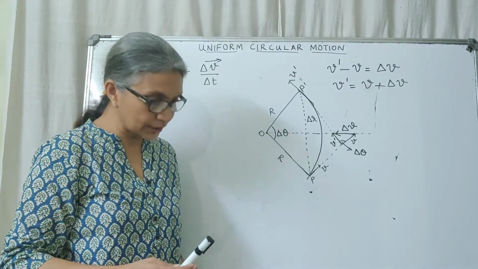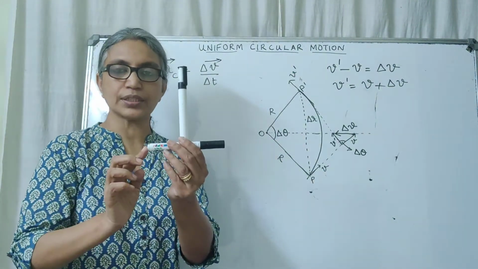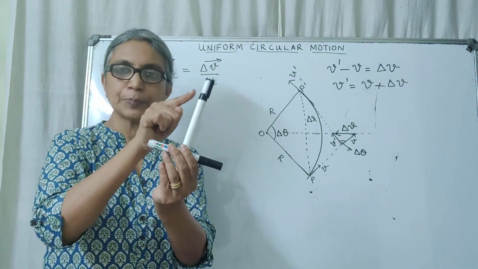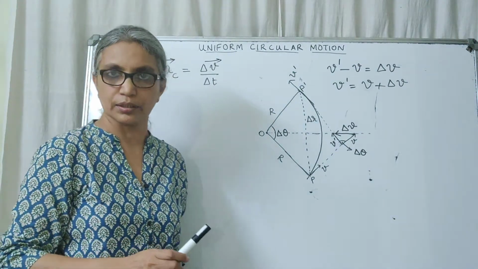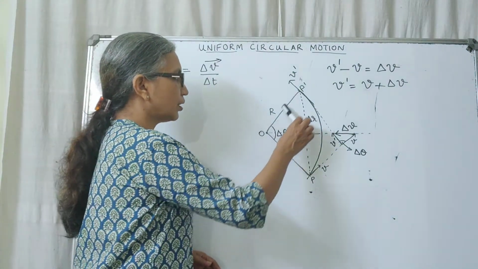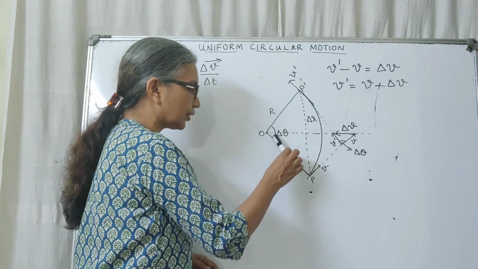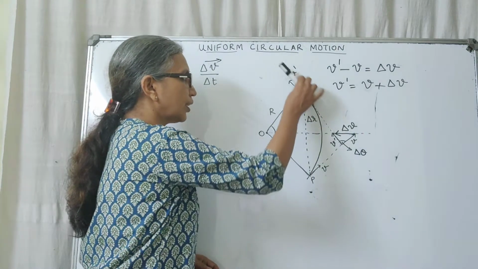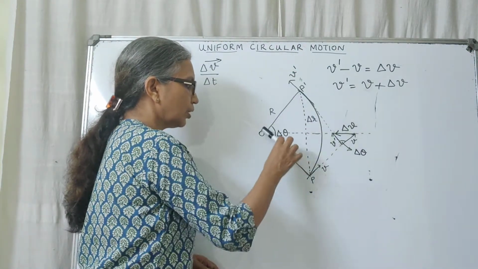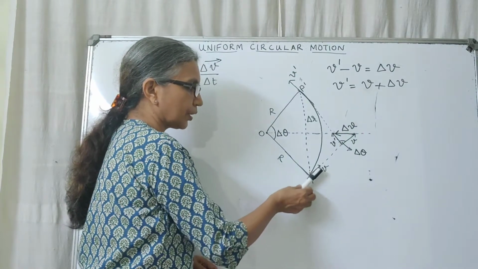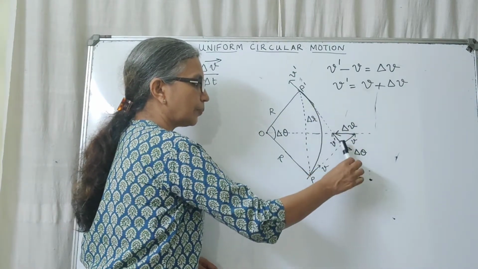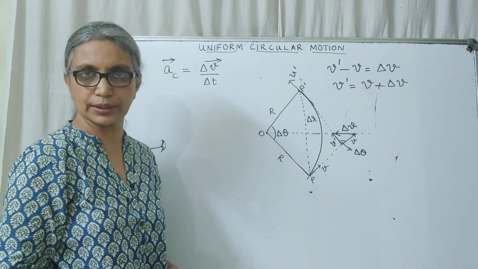If you have two lines and if you shift this line through theta, the perpendicular will also shift through the same angle. So here, since these two lines maintain an angle delta theta, to this line we have this as the perpendicular, to this line we have this as the perpendicular. So the angle between the perpendiculars will also be delta theta.